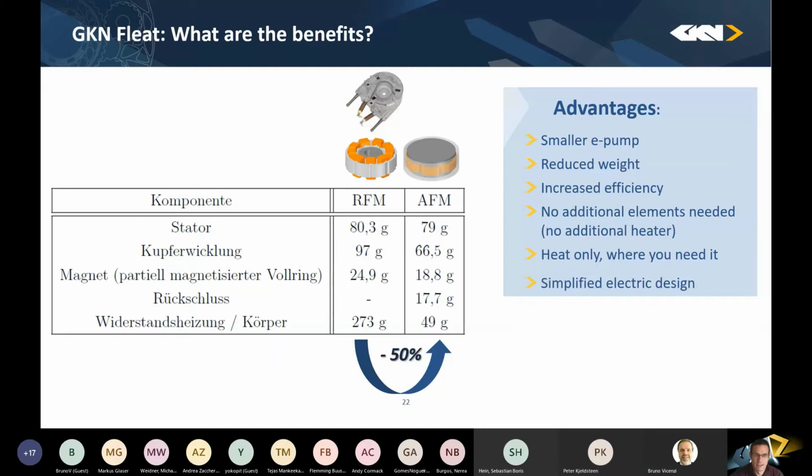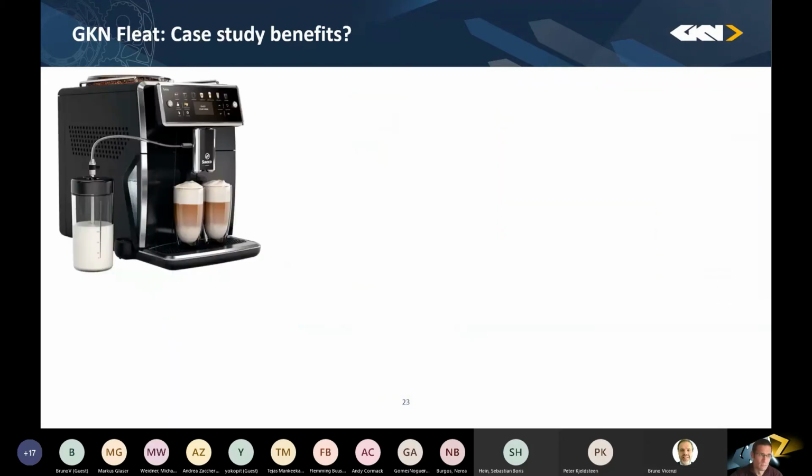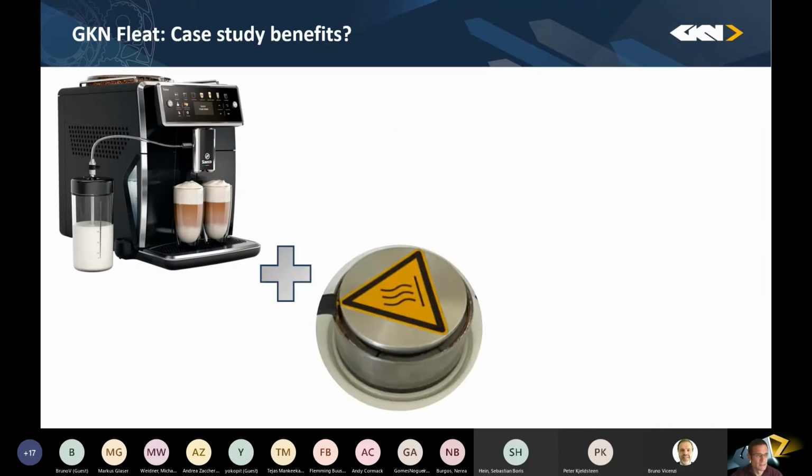And finally, we replace the complete heating system included in our e-motor electronics, so the electric design is also significantly simplified.